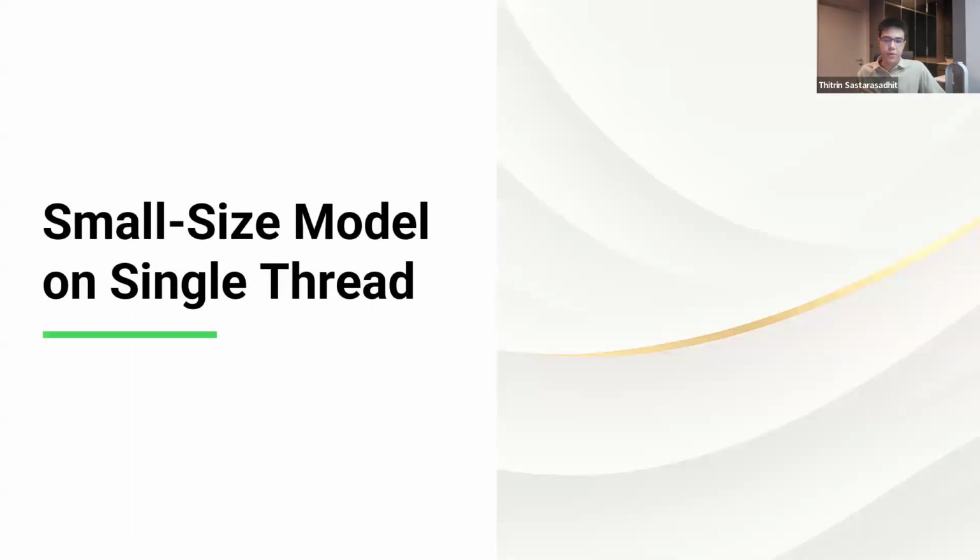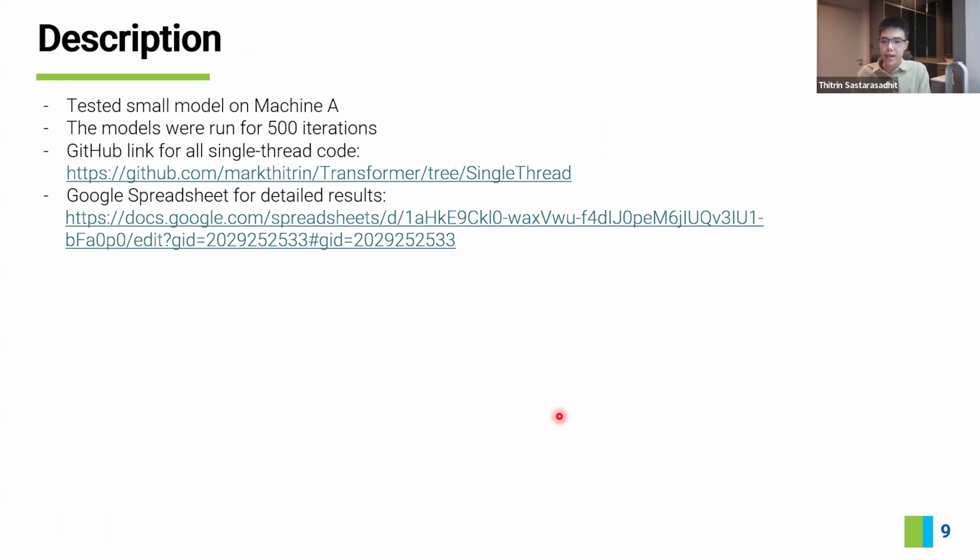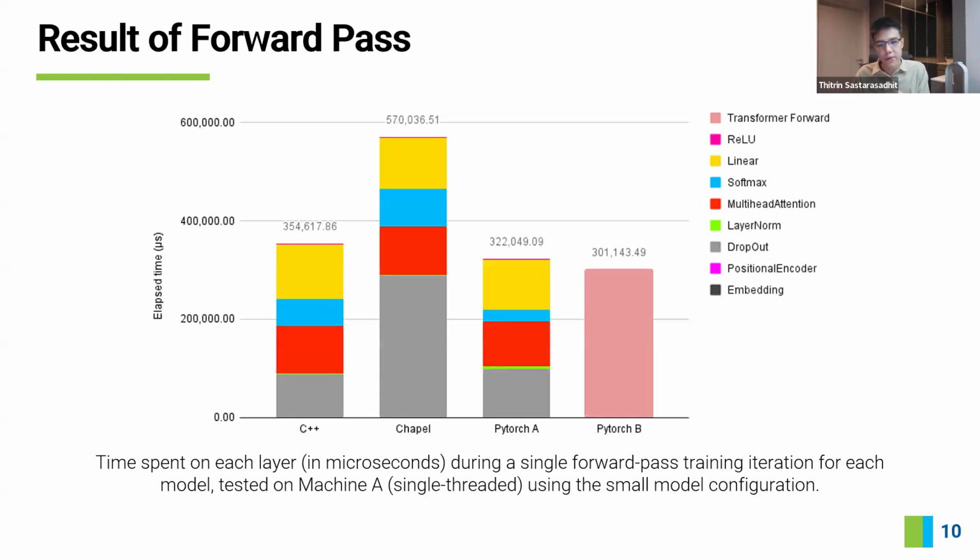Now for the first test, the small size on machine A, I trained it for 500 iterations here. If you want to see the code, follow this link, and the detailed result is in this link too. And here's the first result for our task.